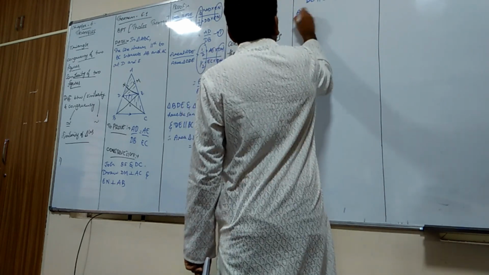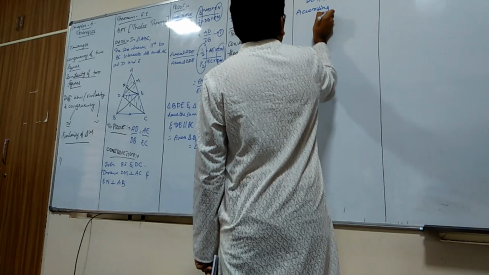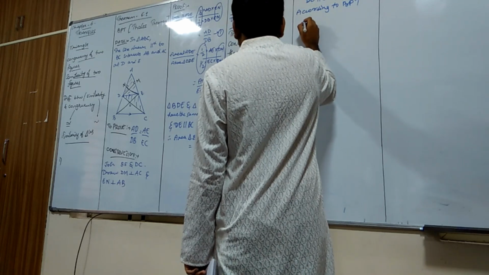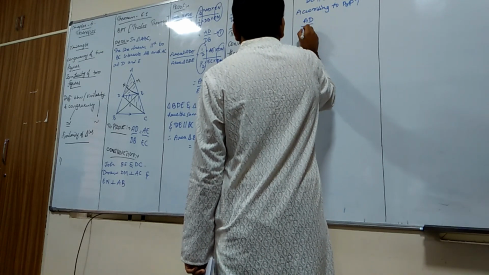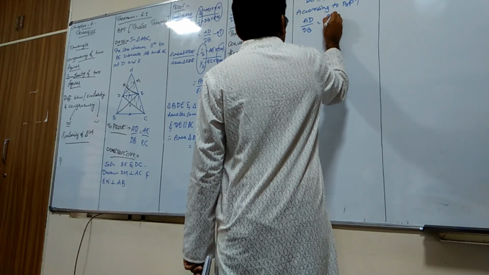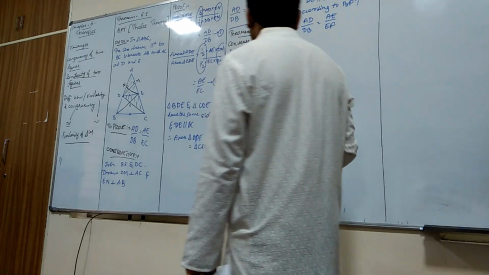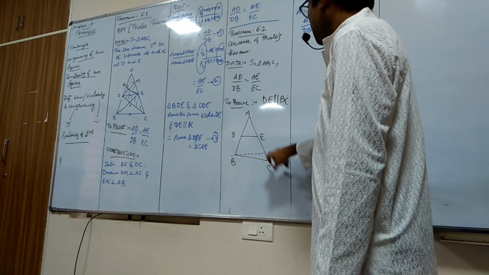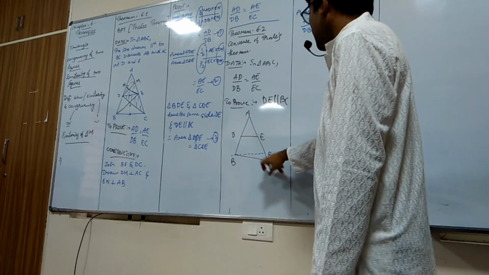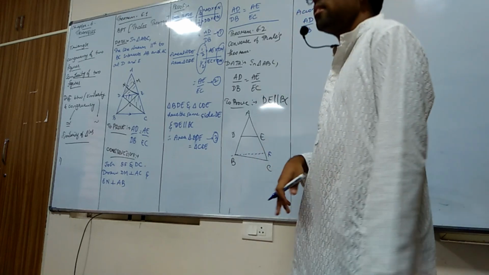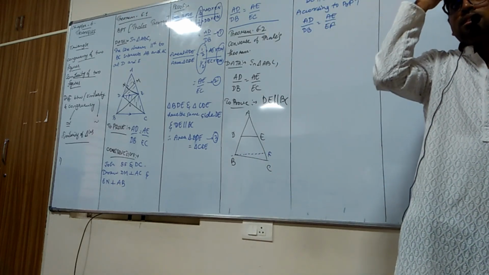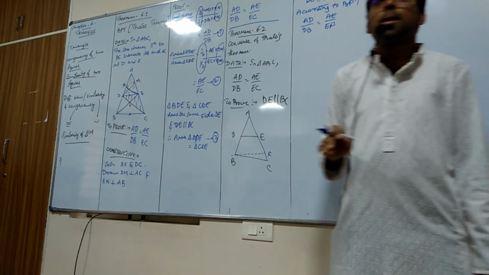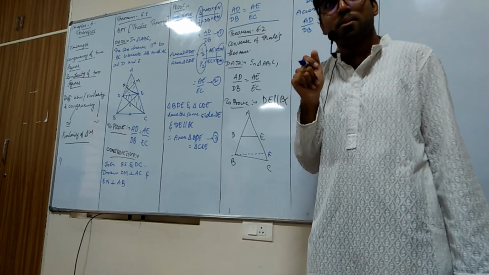So according to BPT, AD by DB is equal to AE by EF. But what is the actual condition?